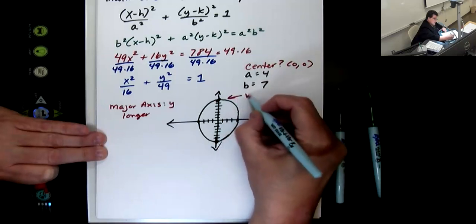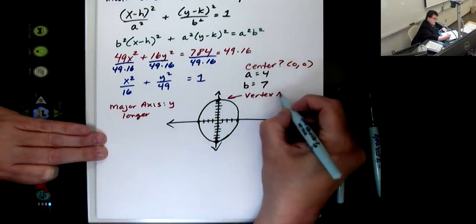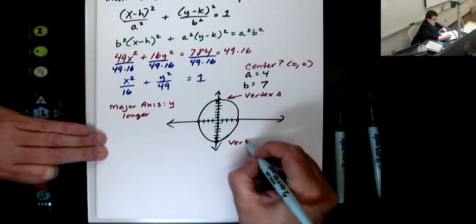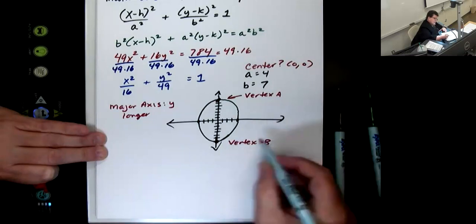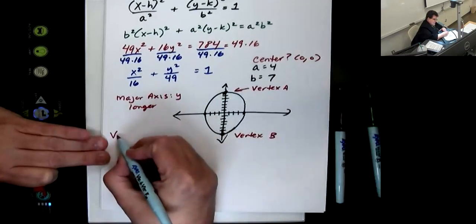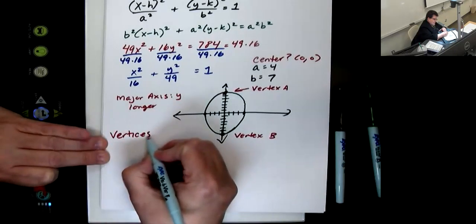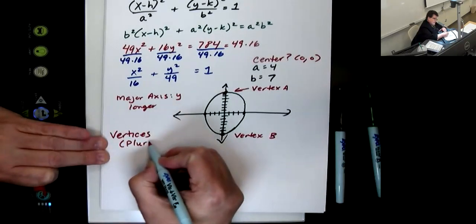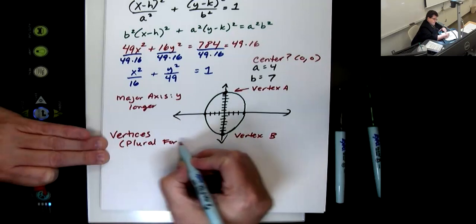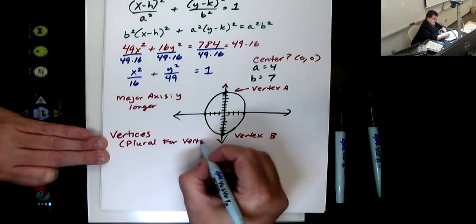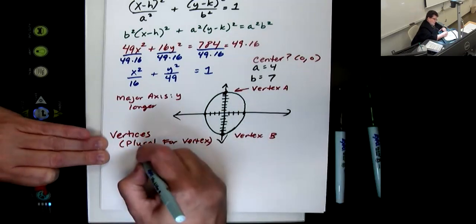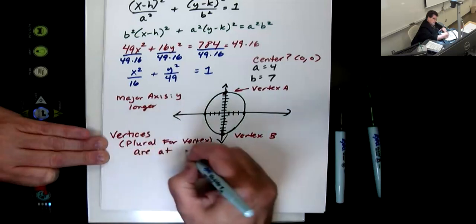So that's vertex A, vertex B. The vertices, which is plural for vertex, are at the ends of the major axis.